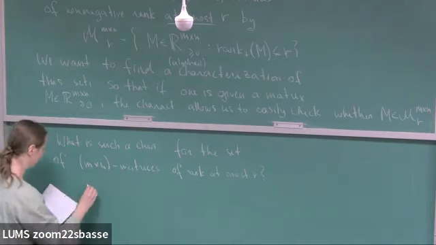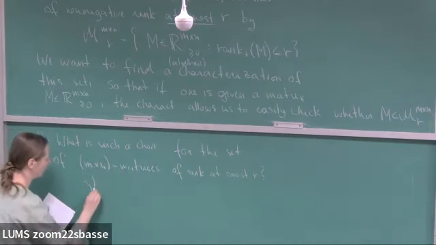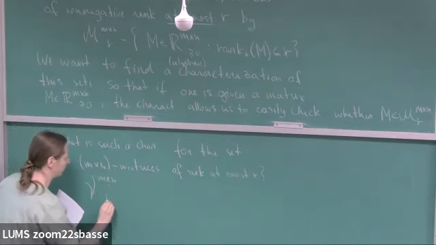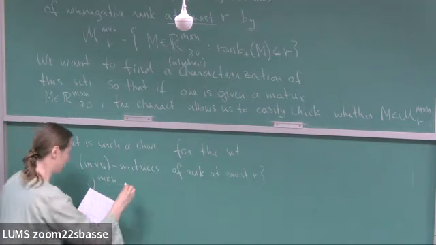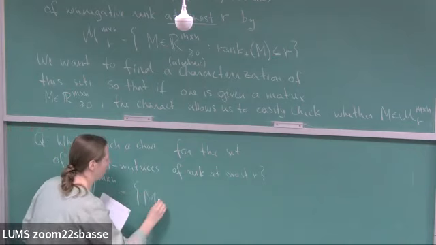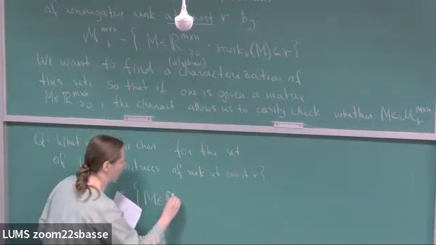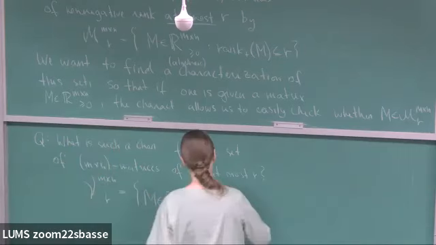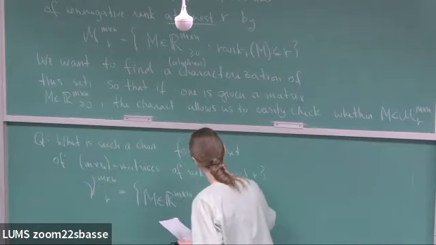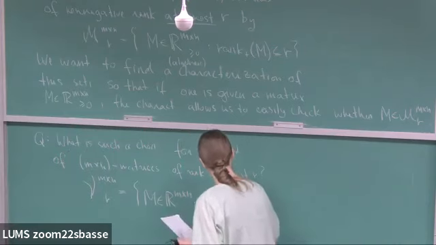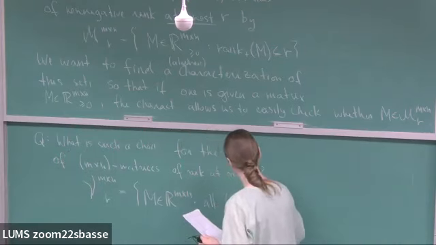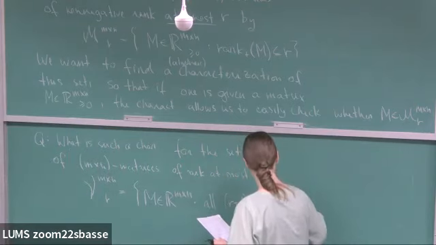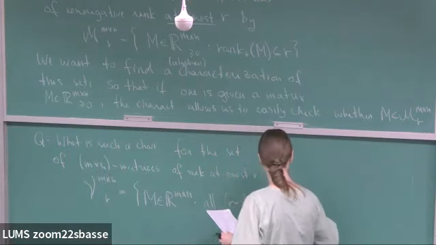So the answer is that in this case, this is a variety such that all r plus 1 minors are 0.